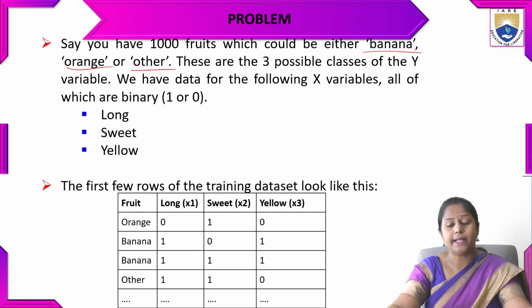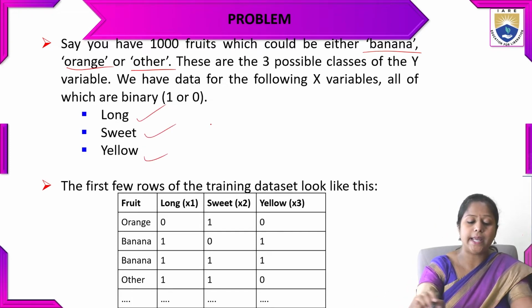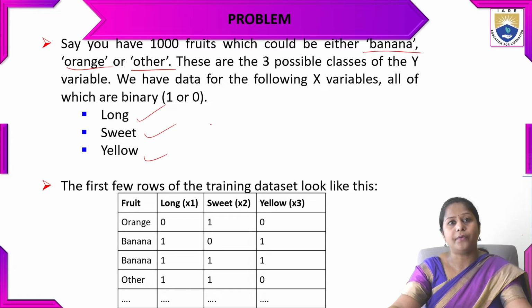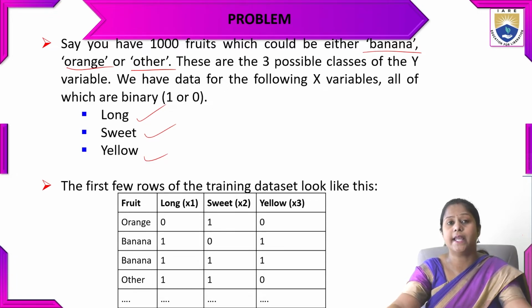There are three possible classes of the Y variable. We have the data for the following X variables, all of which are binary, 1 or 0. So that will be long, sweet and yellow. So the first few rows of the training data set look like this, because that has 1000 records.